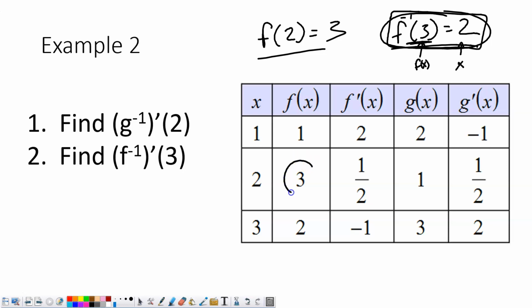So I would look for where f of x equals 3, and my answer would be the 2. So it's like working backwards. Usually, we start at x equals 2, and then we look for what the f function is under that, right? But in this case, the number that they give you, you're going to look for in the f of x column, and you're going to put your answer as the x. And the reason for that reversal is because they're inverses.